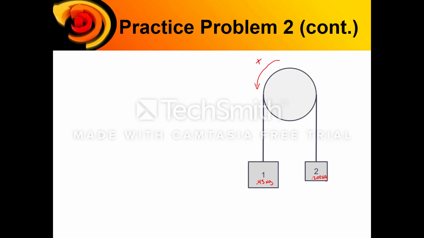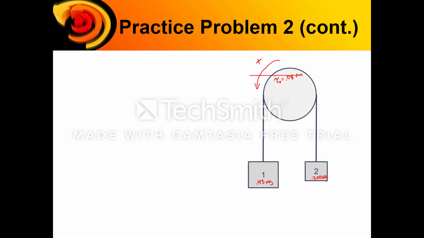Other information given to me in the paragraph or drawing on the last slide tells me that there's a frictional torque acting in this pulley, between the axle and the pulley itself. That's 0.08 newton meters.